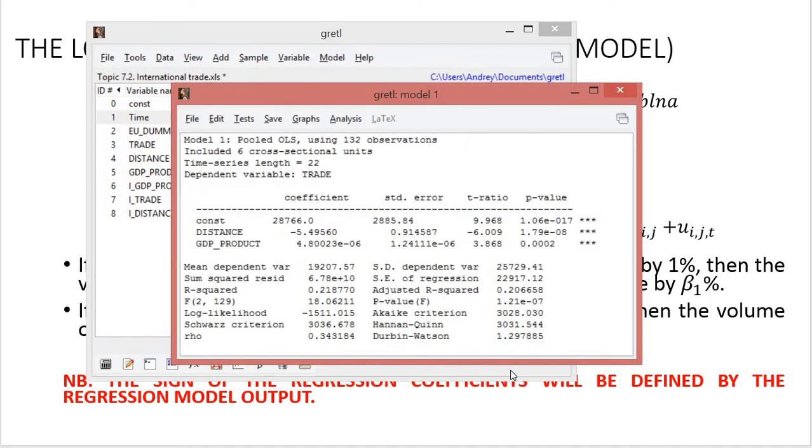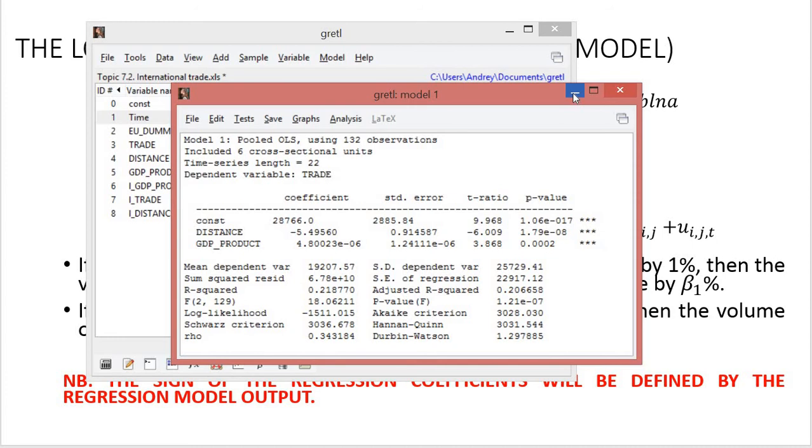So here we are, and this is the output. Again, it looks pretty nice. Distance has a negative coefficient and a statistically significant one, and GDP product has a positive coefficient, which is also statistically significant at the 1% significance level.